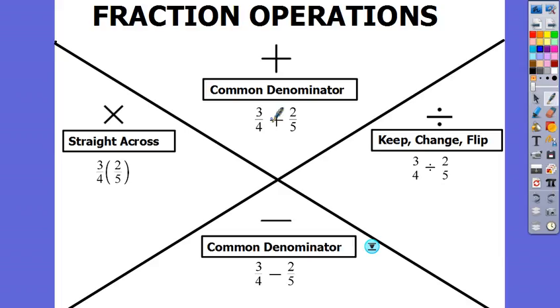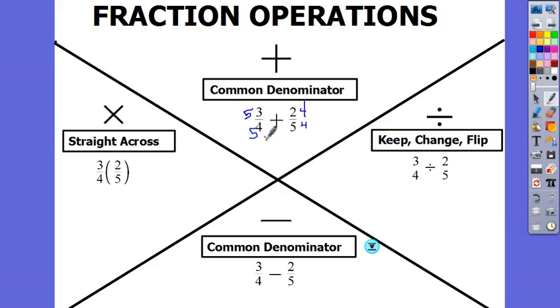So, for example, when you're adding fractions, you want a common denominator. So between 4 and 5, the common denominator is 20, which means we would have to multiply top and bottom of this first fraction by 4, and top and bottom of this fraction on the left side by 5.